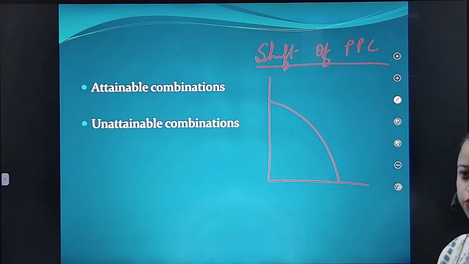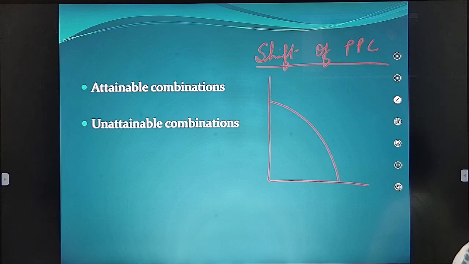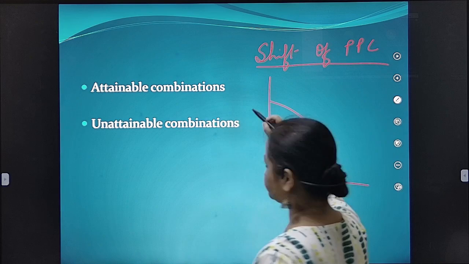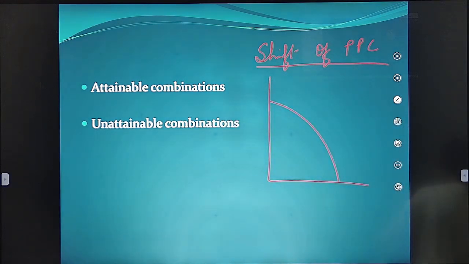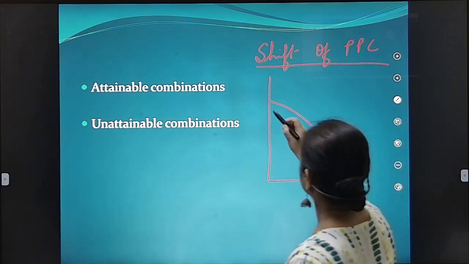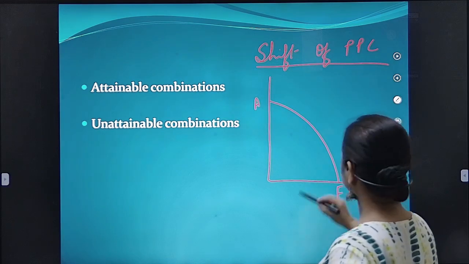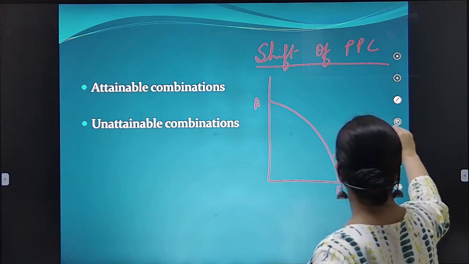PPC may shift towards right or PPC may shift towards left. Suppose this is your PPC, AF.